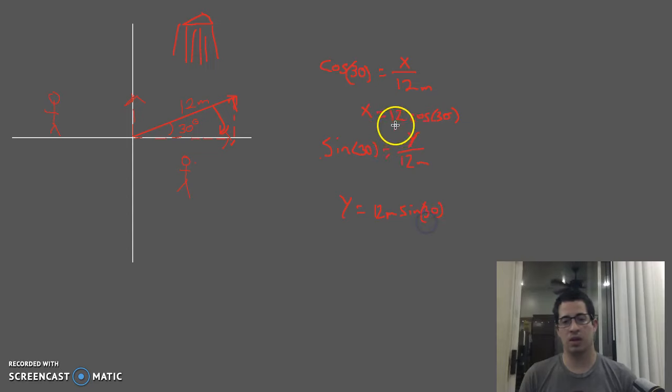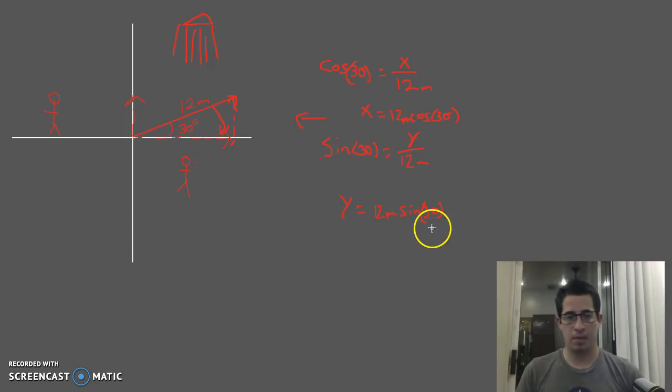And it's the same thing here. We're saying if you were to shine a light this way, the shadow that appears on the y-axis would be the projection of this vector onto the y-axis. That's what we get when we multiply the hypotenuse times sine of 30.